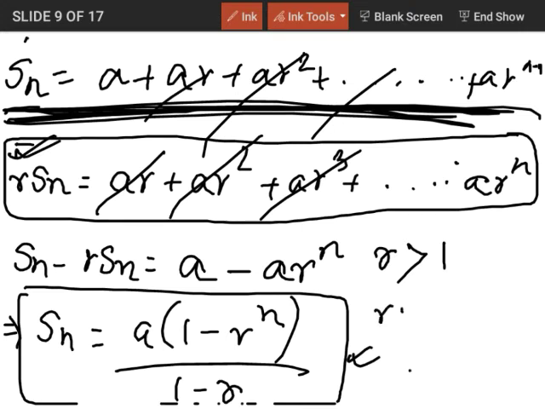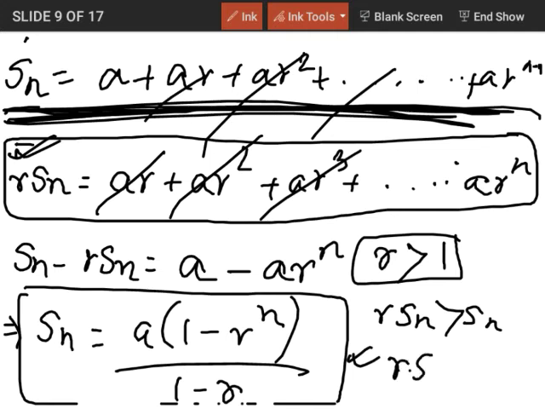Like rSn will obviously be greater than Sn, correct? Because r is greater than 1. In that case we have to subtract Sn from rSn. Do you understand it?